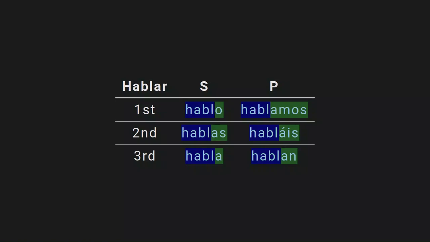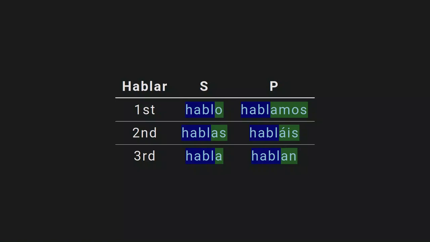And then the a there is just the thematic vowel. The same thing goes with the inverse, I could say, of the first and the second with the third person singular, habla. There is no ending per se, but that non-ending is often referred to as an ending in linguistics.